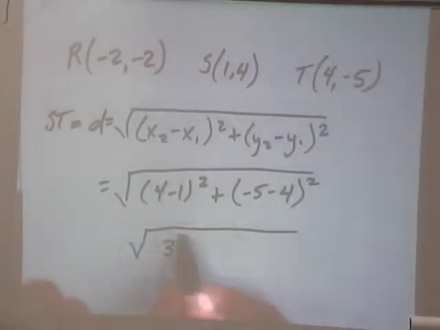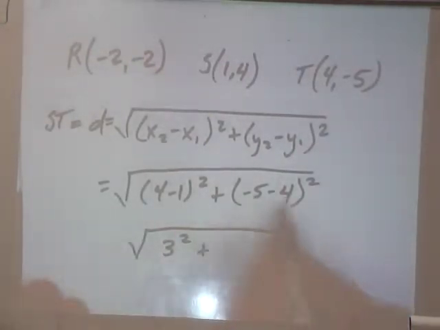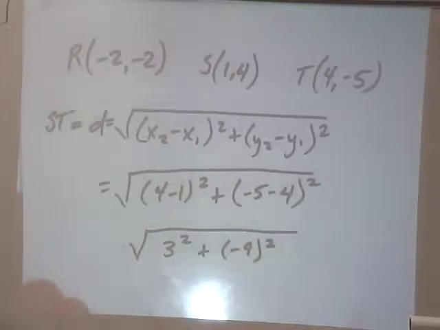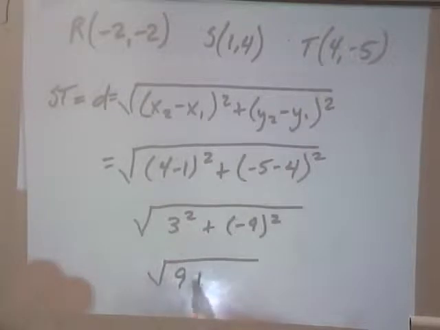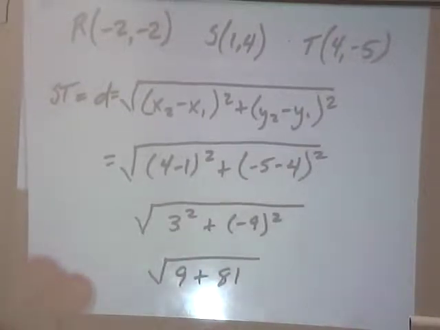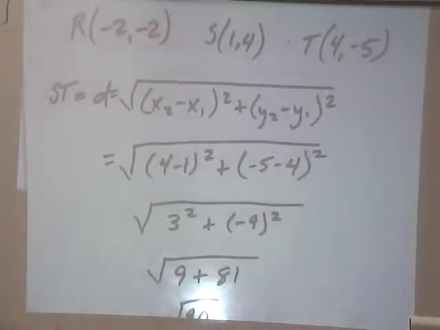So that's 3 squared plus -9 squared. 9 plus 81. So that's a square root of 90. So ST is equal to square root of 90.